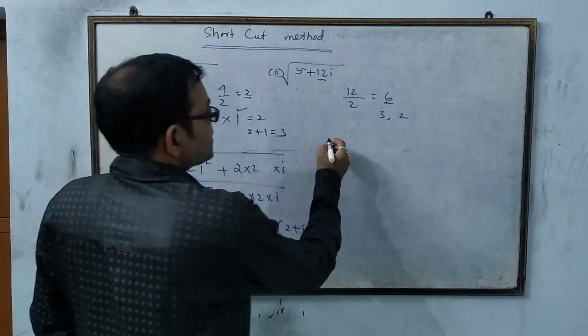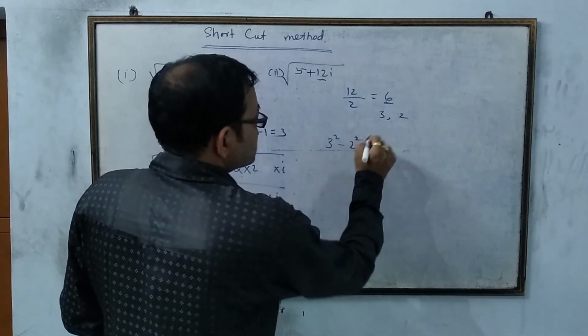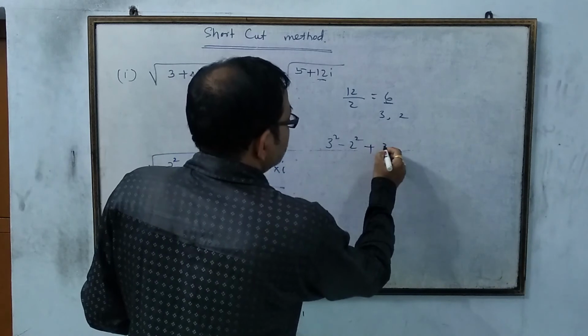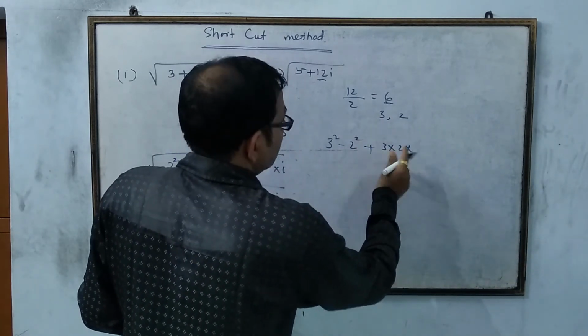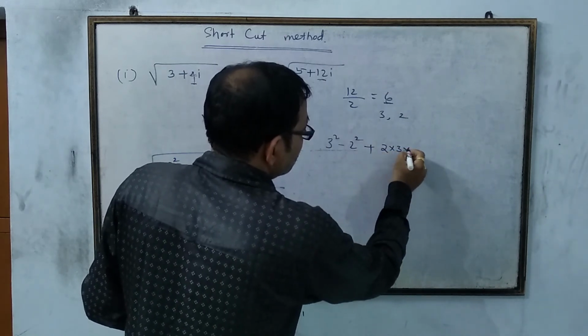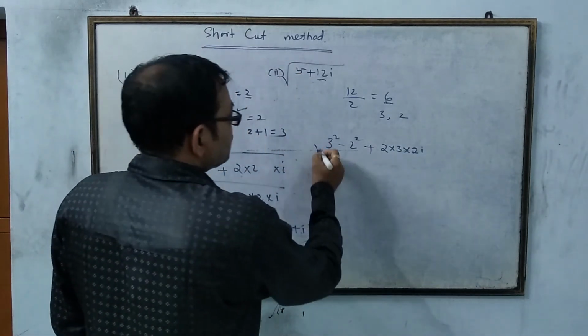If I replace here, 3 square is 9, 2 square is 4, 9 minus 4, plus 2 into 3 into 2, under root.